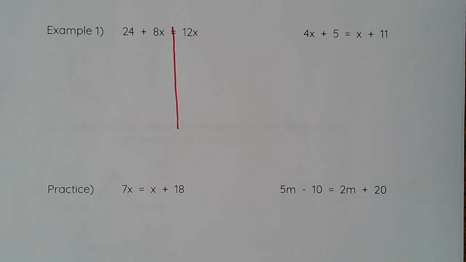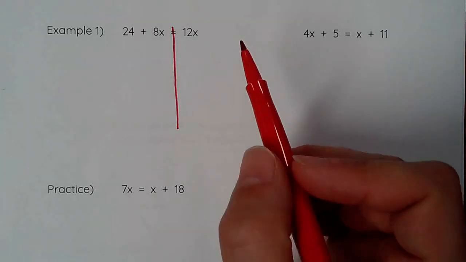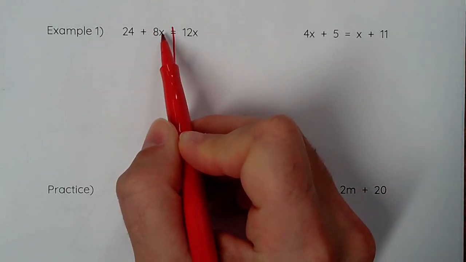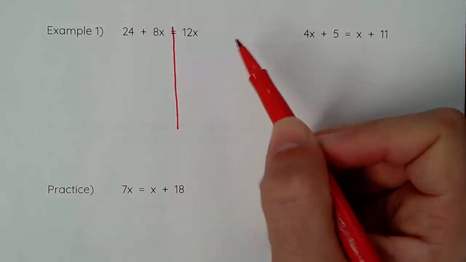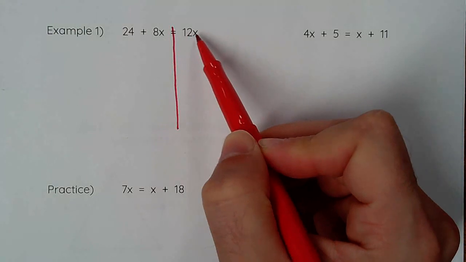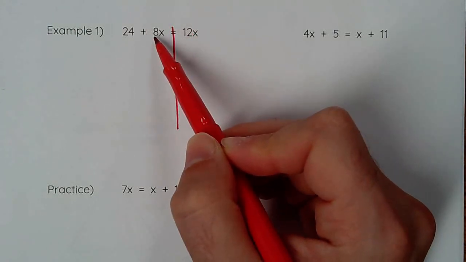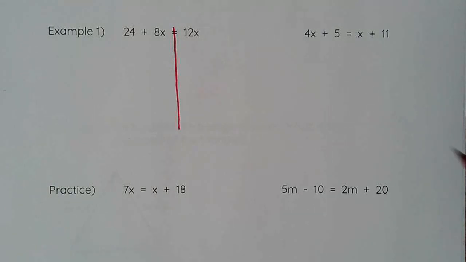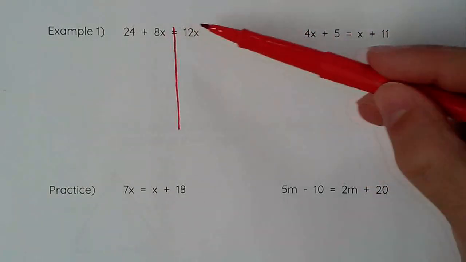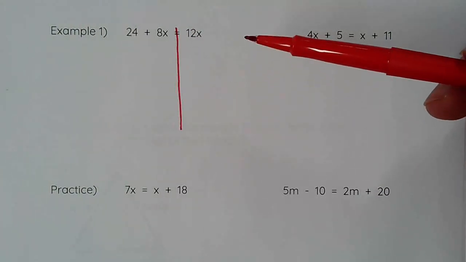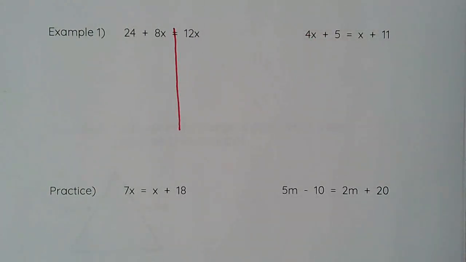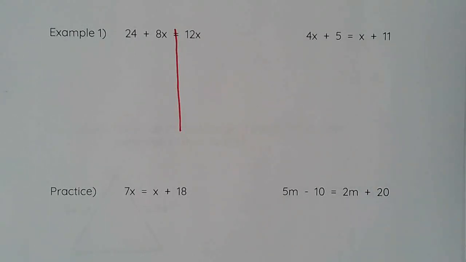So we're going to go to that third step, move the variable to the same side. We want to either get this 8x out of the left side and over on the right side, or get this 12x from the right side over to the left side. You can do either, but we want to try to make math a little easier on ourselves. So I suggest always trying to get a positive coefficient.